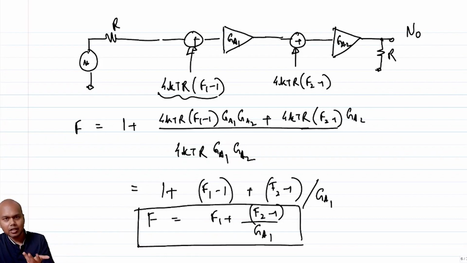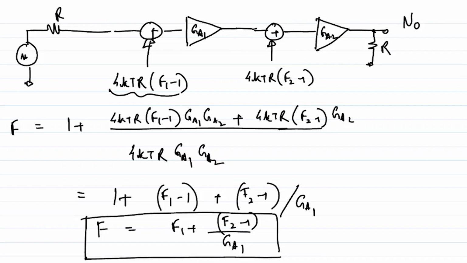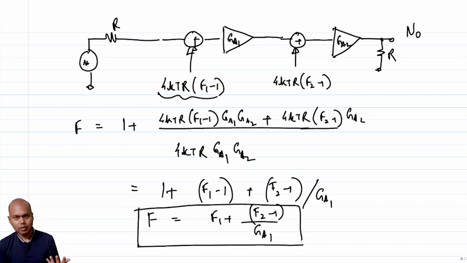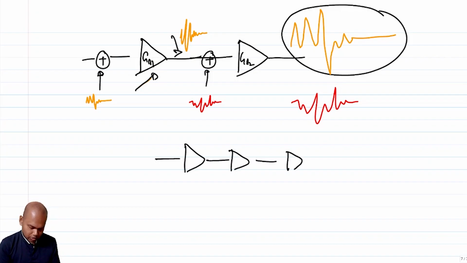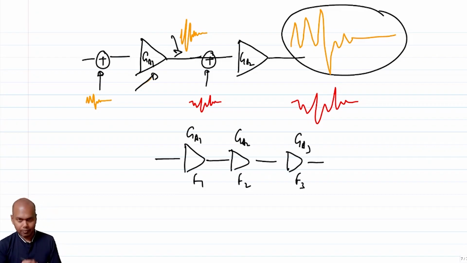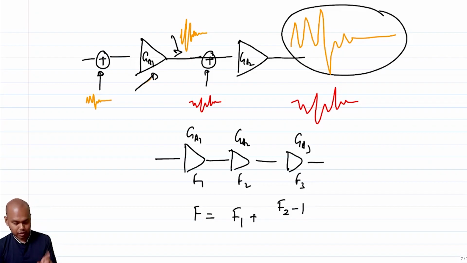But noise figure is essentially trying to give an idea of the contribution of the source noise with respect to the rest of the noise, right? And because the source is also connected with the input, it loosely gives you an idea of input referred noise, right? So similarly, if you have multiple blocks with GA1 F1, GA2 F2, GA3 F3, all with matched interfaces, the total noise factor will be the noise factor of the first block plus the noise factor of the second block minus 1.